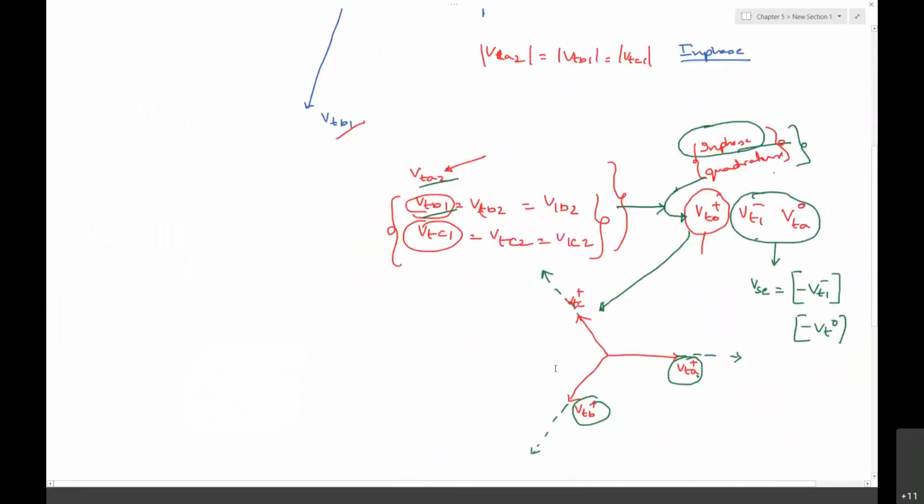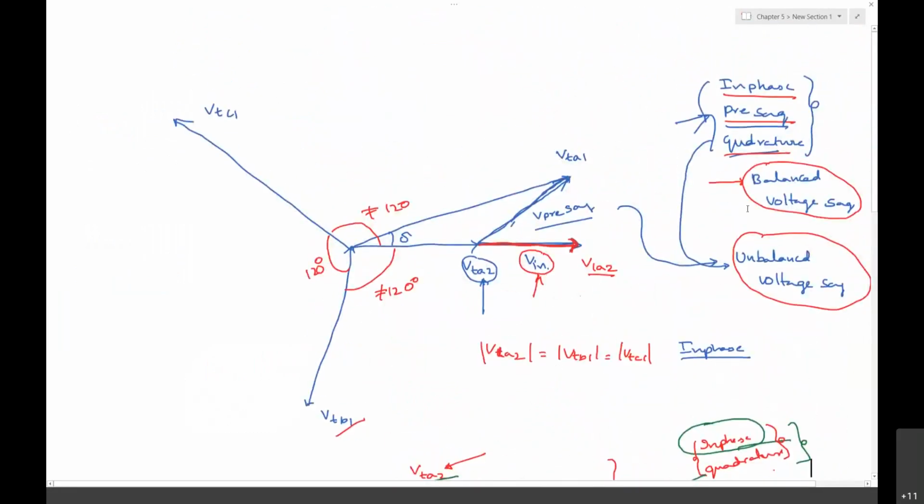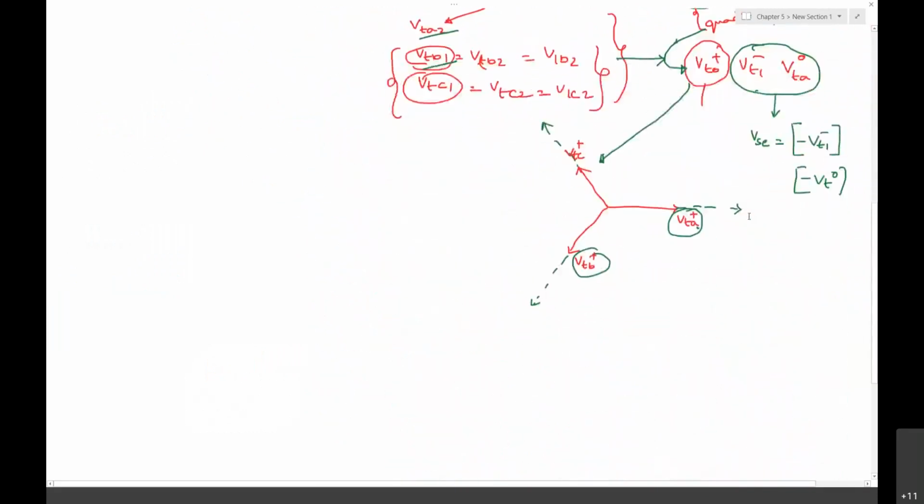So far I have explained the in-phase injection, the pre-sag condition, and the quadrature injection, with respect to both the balanced and the unbalanced voltage sag.